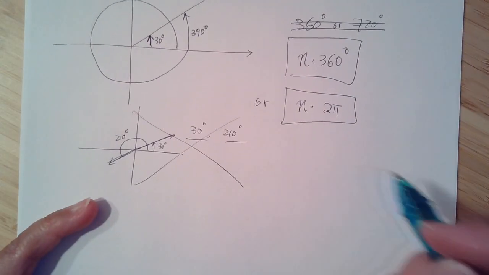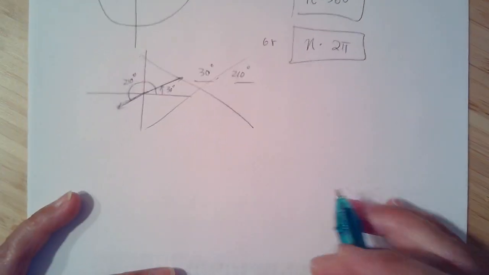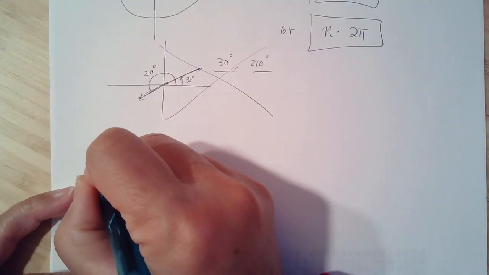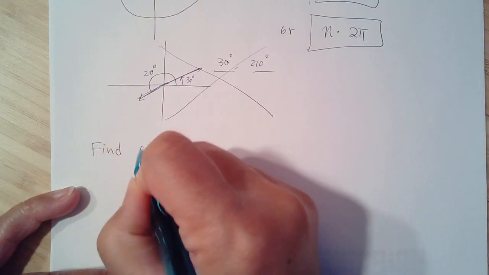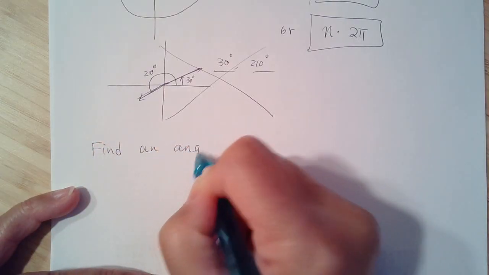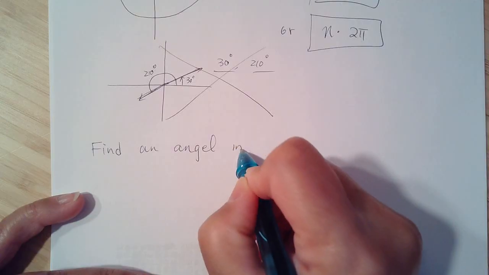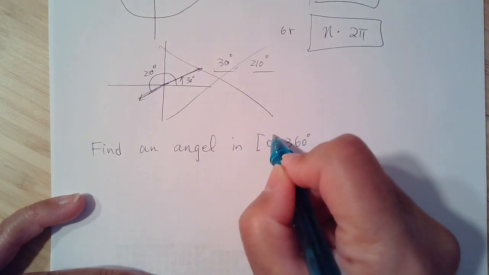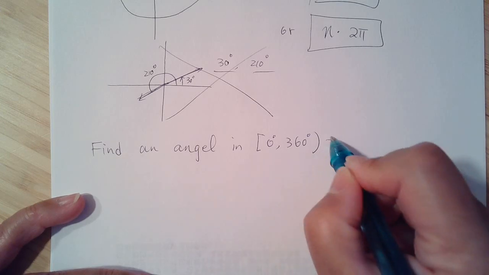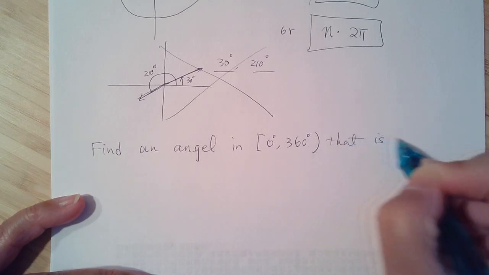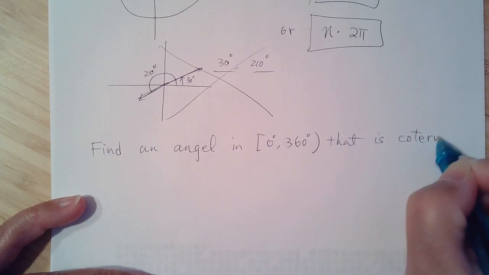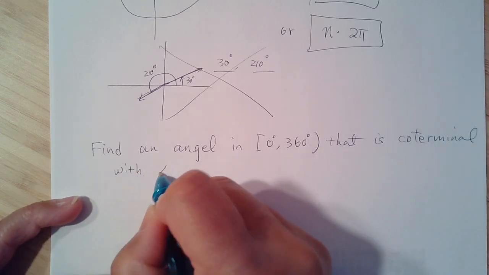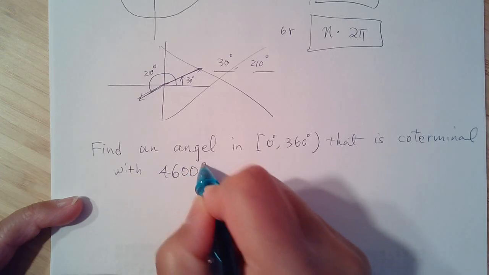Okay. All right. And let me ask you this question: can you find an angle in 0 to 360 degree that is co-terminal with this guy, 4600 degree?